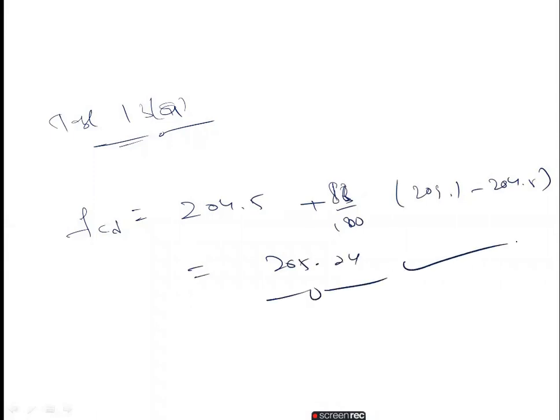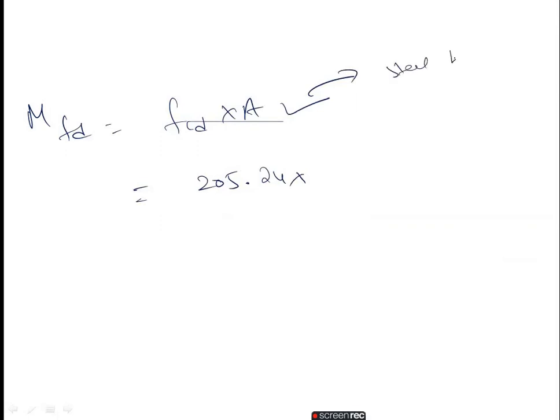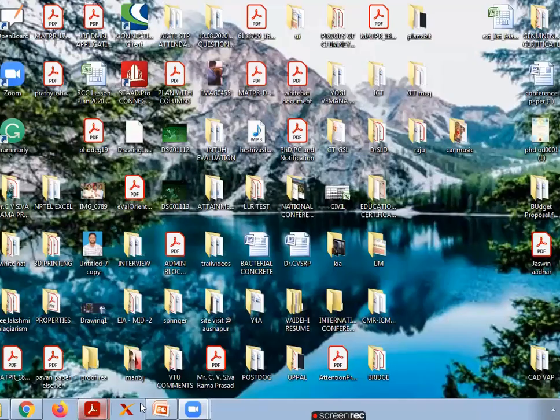So now we have to calculate the Md, that is fcd into A. The fcd we just calculated is 205.24. The area we take from the steel table, ISMB 300 section. The area is 5626. So we will get 1.154 into 10 power 6 Newton mm.